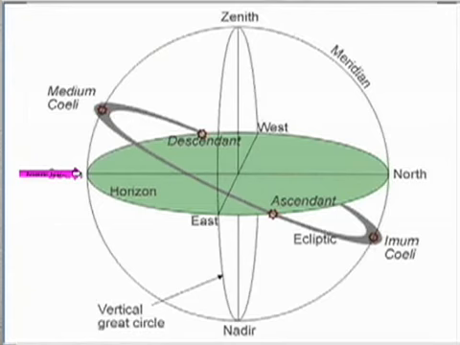The North Pole and the South Pole are the only places on the Earth where the celestial equator and the horizon are identical. Any place else on the Earth, the celestial equator will have some inclination. And of course, the difference between the ecliptic and the celestial equator will always be 23.5 degrees, wherever you are.